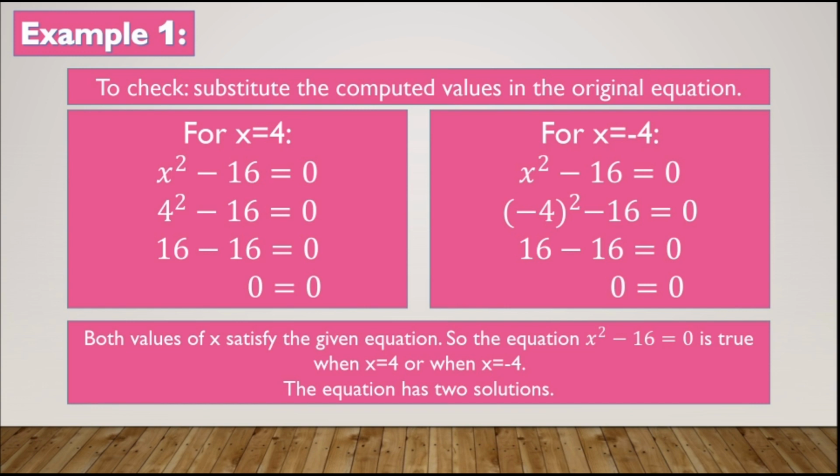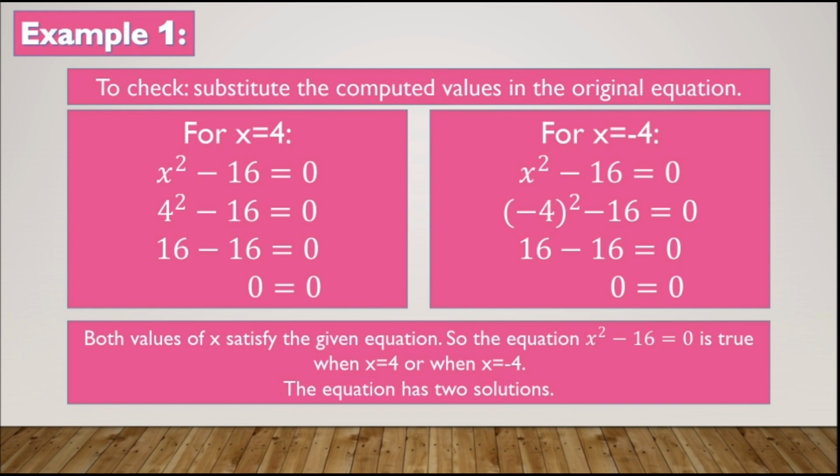So check. For x is equal to negative 4, negative 4 quantity squared minus 16 is equal to 0. And negative 4 quantity squared is 16. So we have 16 minus 16 is equal to 0, and 0 is equal to 0. So check. Both values of x satisfy the given equation.